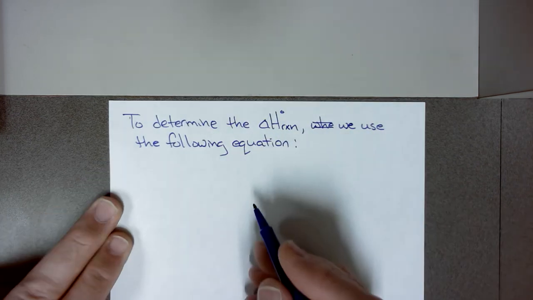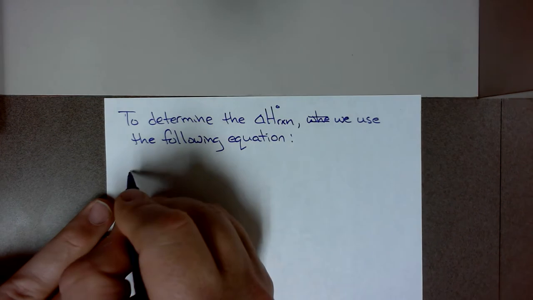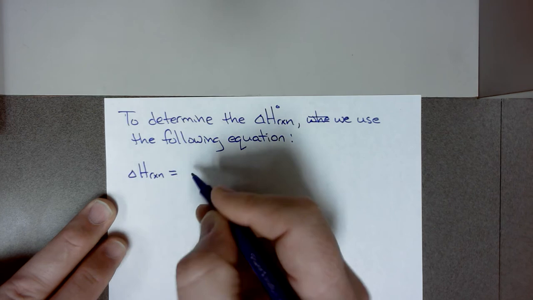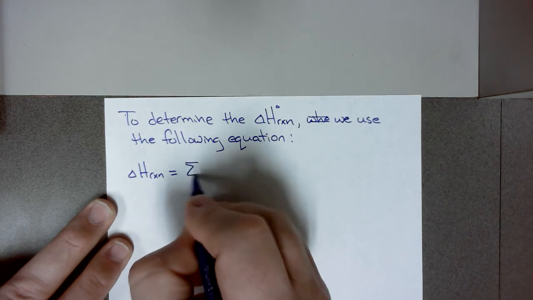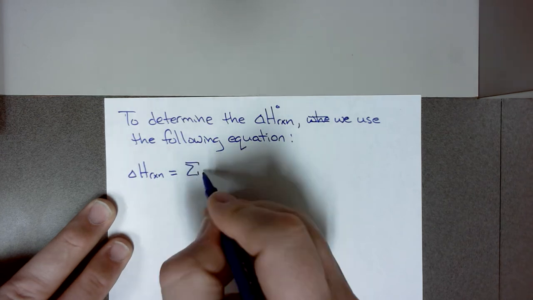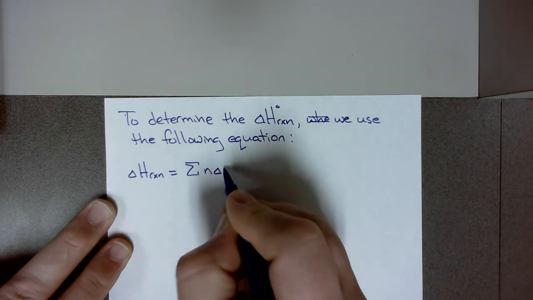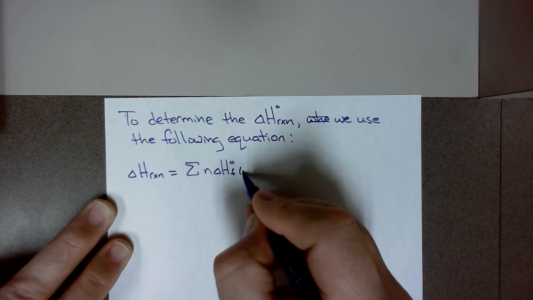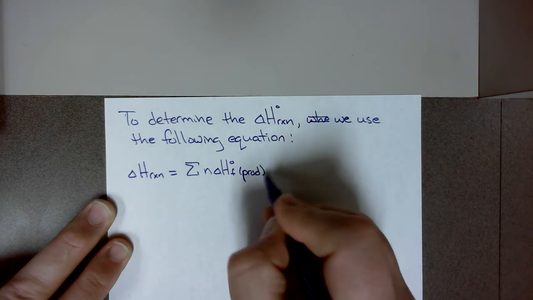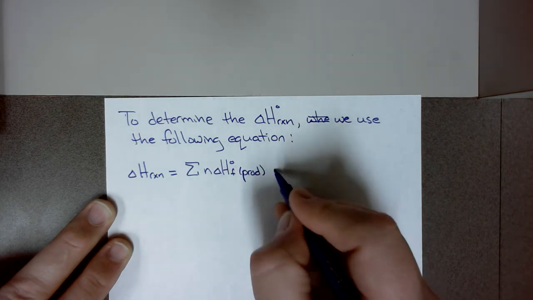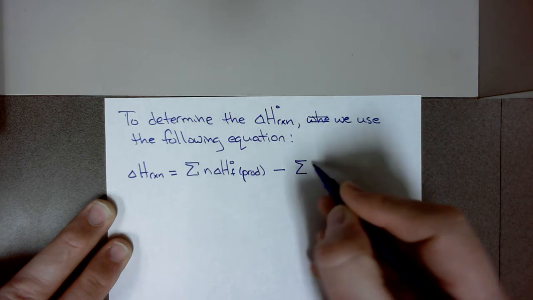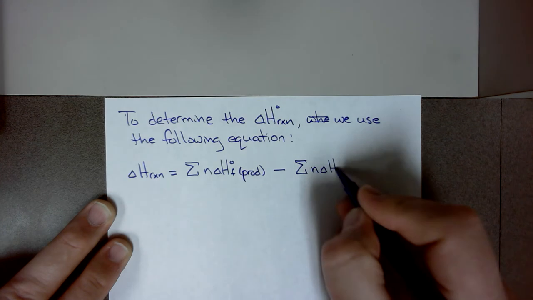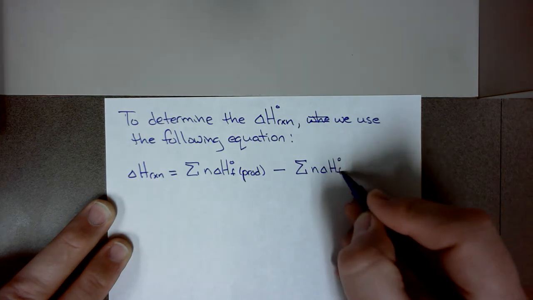In this equation, we say that the delta H of a reaction is equal to the sum of the moles times the delta H of formation of the products minus the sum of the moles times the delta H of formation of the reactants.